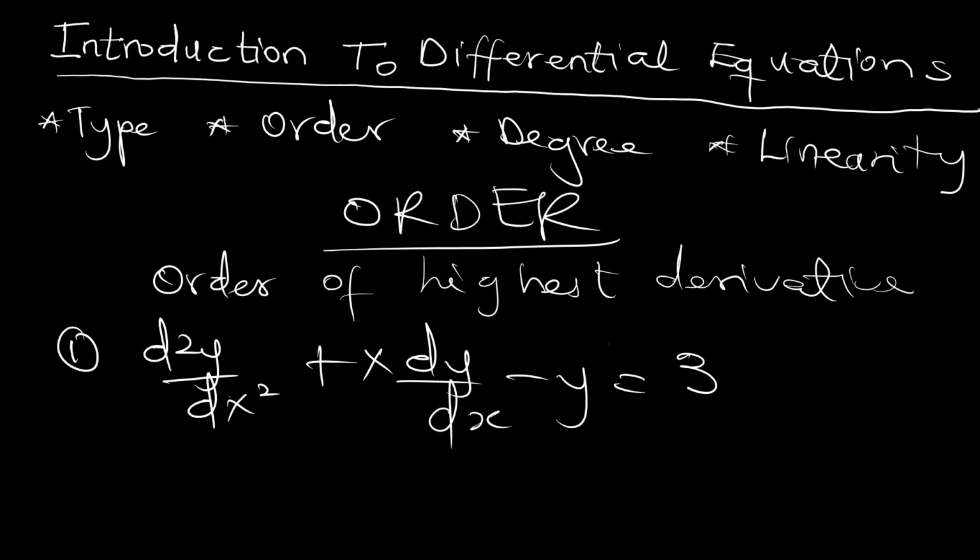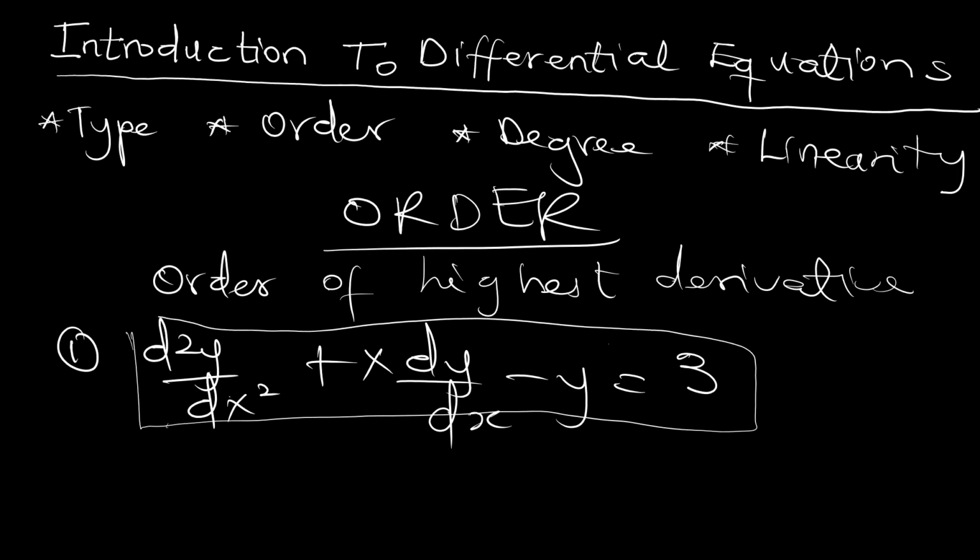So if the order of a differential equation is the order of the highest derivative appearing in it, then the highest order derivative appearing in this particular differential equation is the second order, which is d squared y over dx squared. So it makes this whole differential equation a second order differential equation.